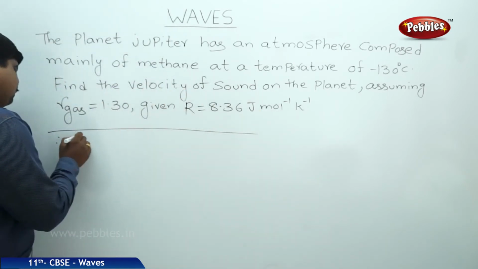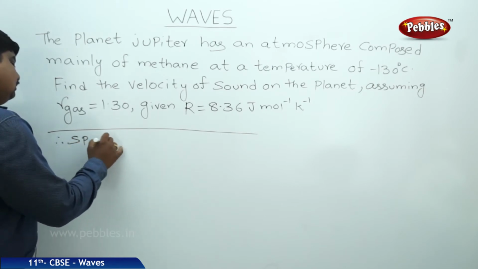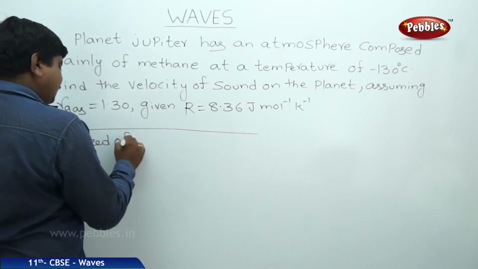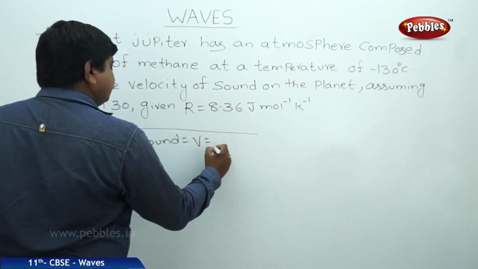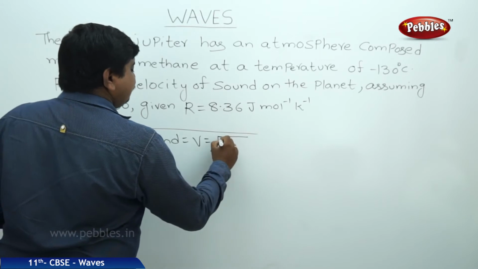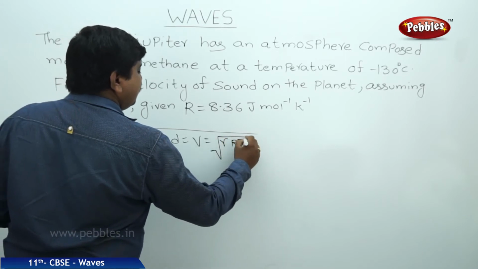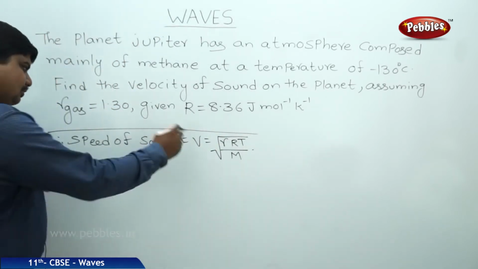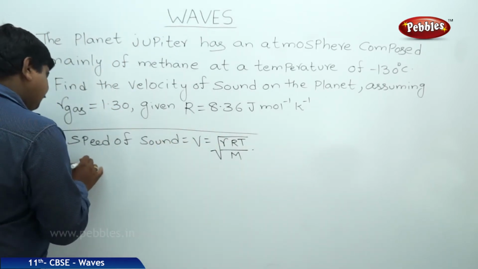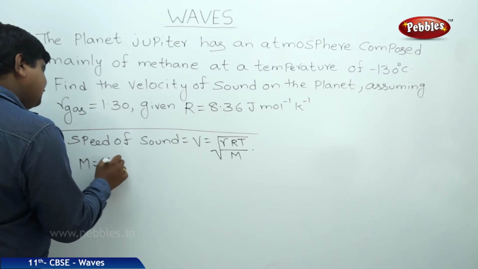We know that the speed of sound, or velocity of sound, v is equal to square root of gamma RT by M. What is this M? Molecular mass.